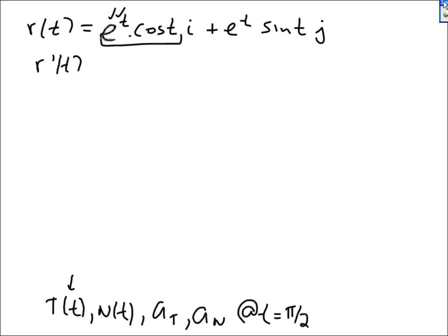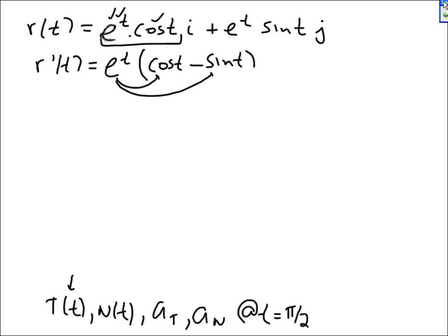The first function is e to the t, and the derivative of the first function is e to the t. You can factor out e to the t. It's the derivative of the first function, e to the t, times the second function, plus the first function, e to the t, times the derivative of cosine t, which is negative sine t. That's i.